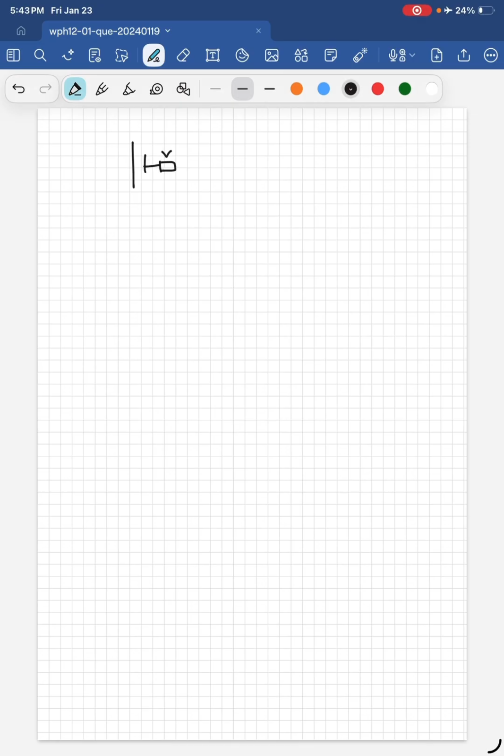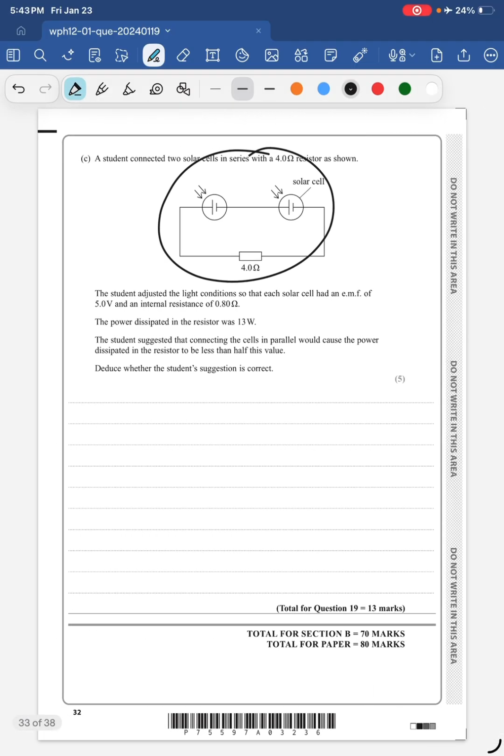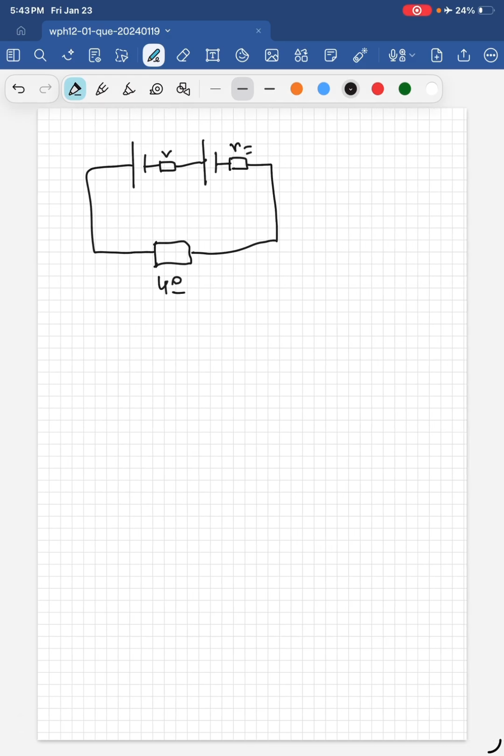So we have two solar cells with the same internal resistance connected with this resistor of 4 ohms, and they give us the internal resistance as 0.8 ohms, and this voltage is 5 volts. Okay, so let's find the current in this circuit.